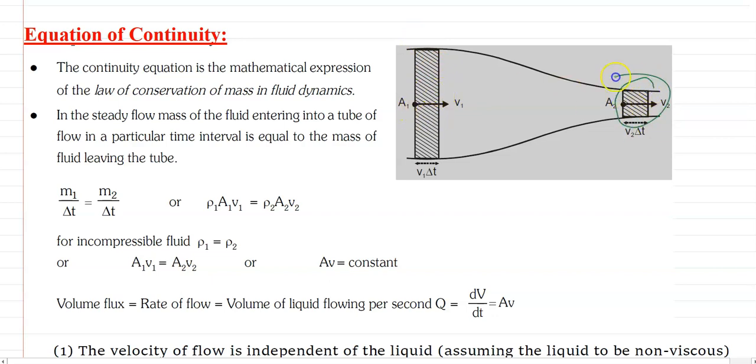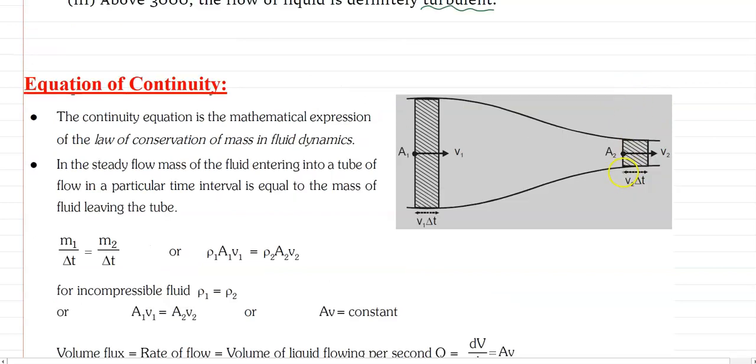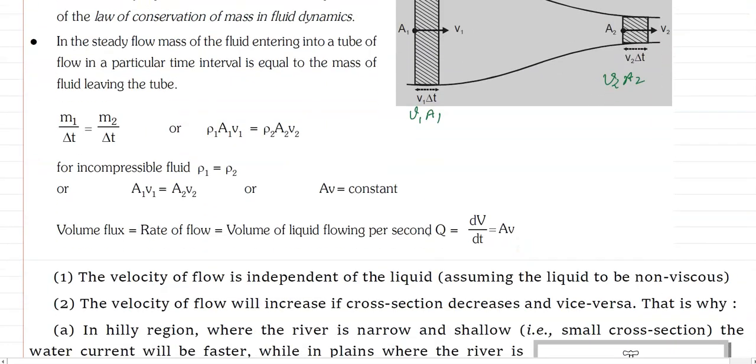So in the smaller area, the volume of liquid flowing per second will be V2 into A2, and at the larger cross-sectional area, the volume of liquid flowing per unit time will be V1 A1, and this V1 A1 must be equal to V2 A2, because the fluid is incompressible. This is the relation, V1 A1 equals V2 A2. This is called the equation of continuity.